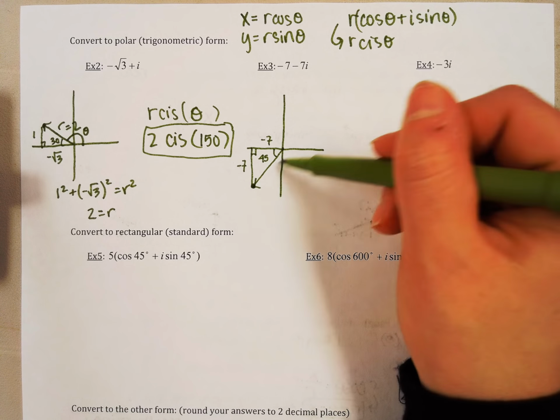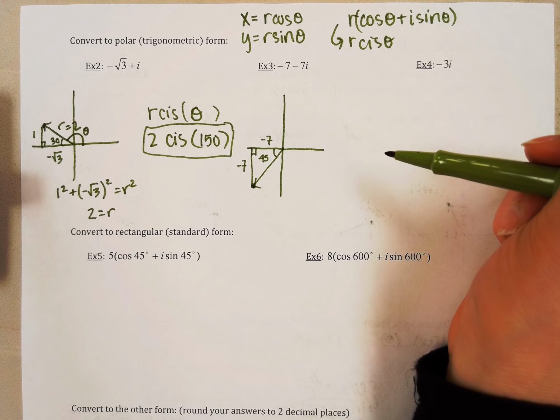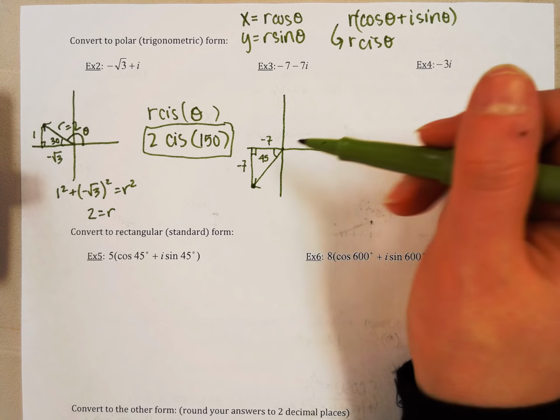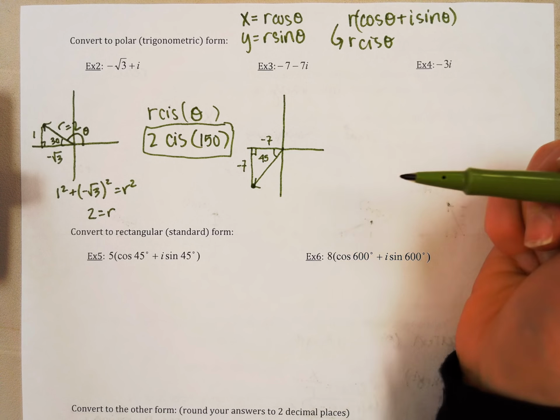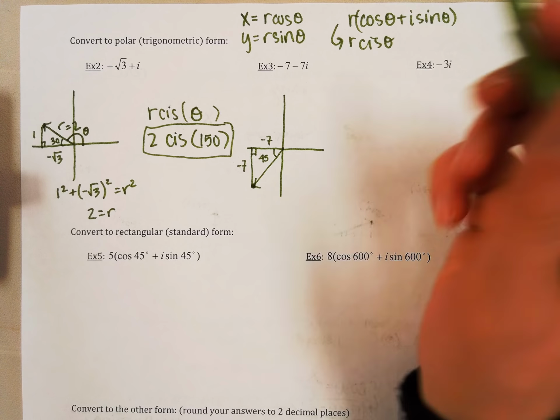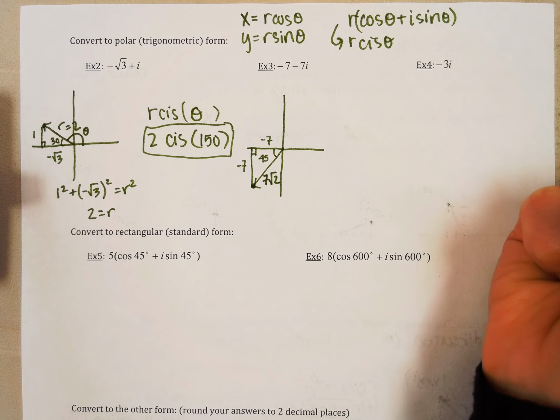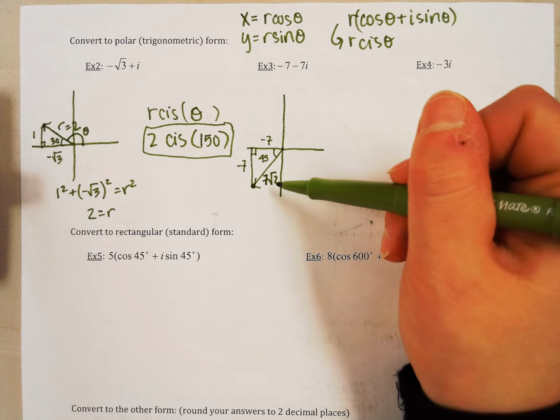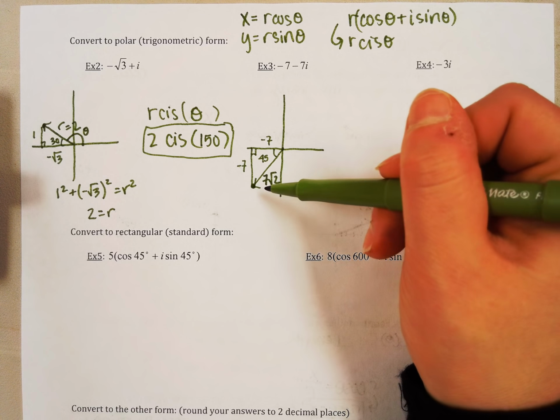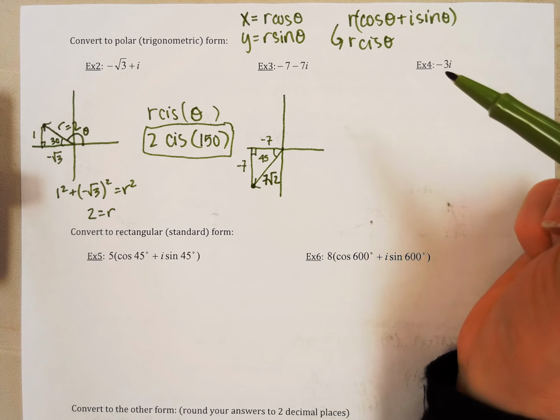And our hypotenuse, you could use the Pythagorean theorem for this, but you don't really have to. Since it's an isosceles triangle and a 45, 45, 90 triangle, that's a special right triangle. So our hypotenuse, our r value, should be 7 root 2. Again, you could use the Pythagorean theorem, but if you know your special right triangles, this saves you some time.